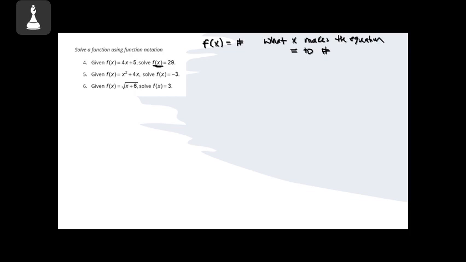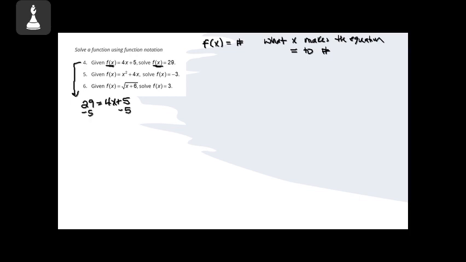So what we have to do now is replace f of x with that number. So 29 equals 4x plus 5, and now we're going to solve for x. We do that by getting x by itself. First, we need to subtract 5 from both sides.